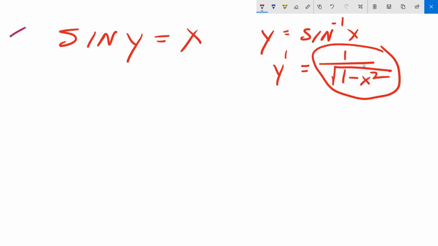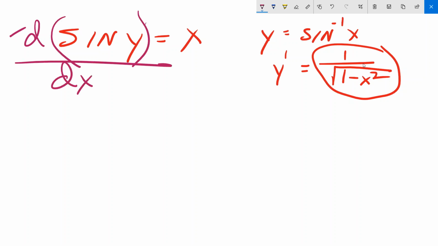Now, this is a very fundamental property of algebraic equations: you can do anything you want to one side as long as you do it to the other. I can multiply, divide, add, subtract. I can take the log of one side as long as I take the log of the other. Well, I can differentiate and integrate also. So this is the first step. I'm going to differentiate the left side with respect to x, and I'm going to do the same thing on the right side.